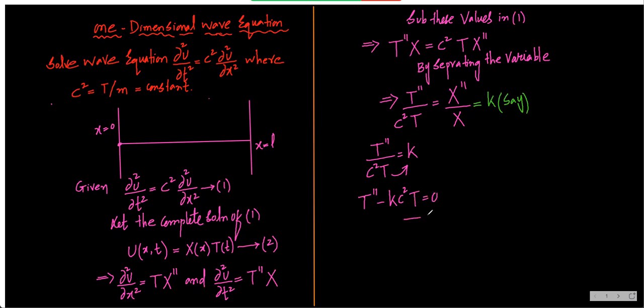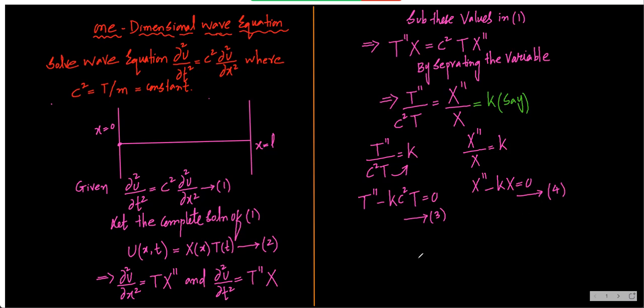This is taken as equation number 3. Similarly, the other case is X double dash by capital X is equal to k. Once again, cross multiply and simplify: X double dash minus kX is equal to 0. This is taken as the fourth equation. Any doubt till here?